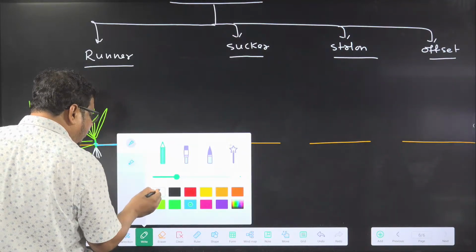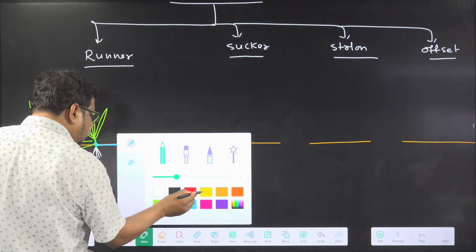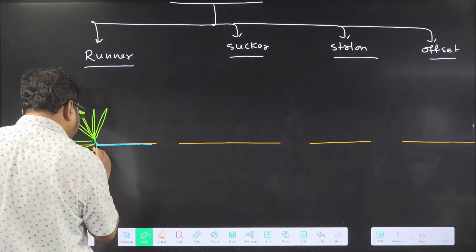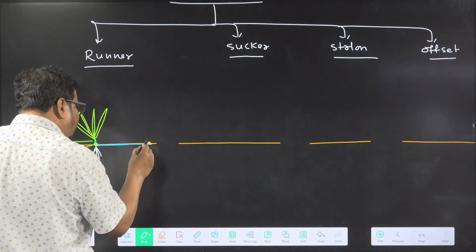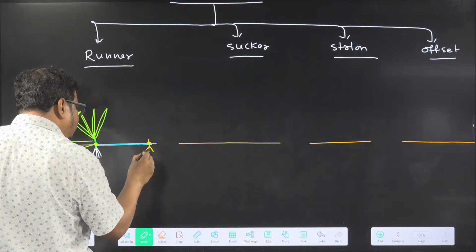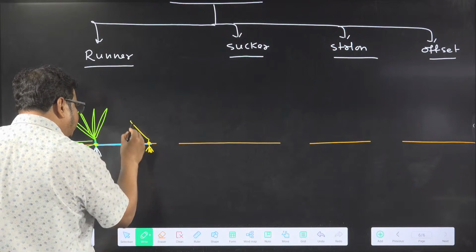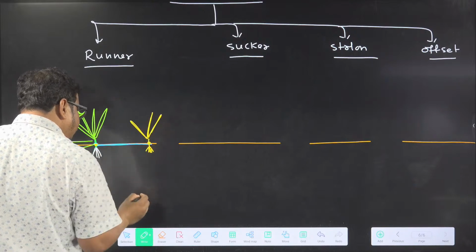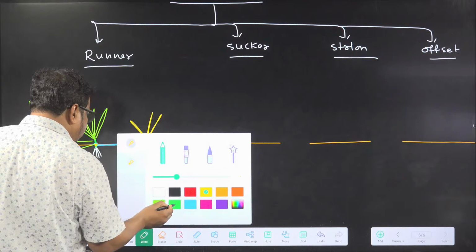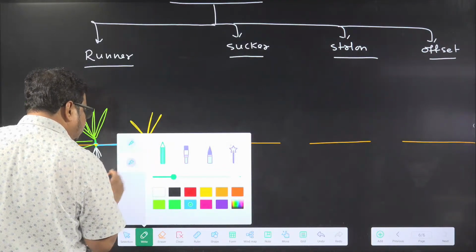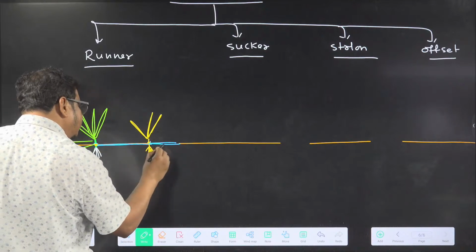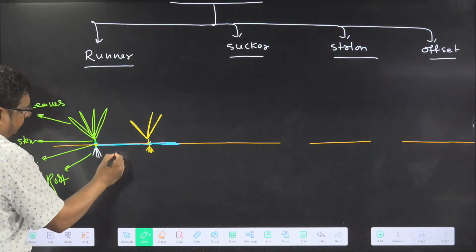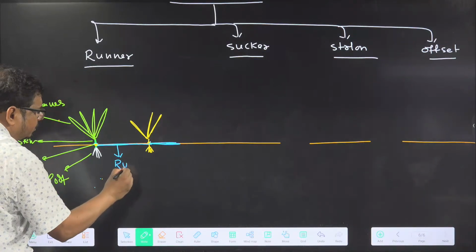And wherever a new node came, suppose here is the new node, old node, new node came. From here, on the lower side, root will come. On the upper side, leaf will come. And then branches will grow from the node and thus beneath the soil. It is happening like this. So this condition is called runner. This branch is called runner.